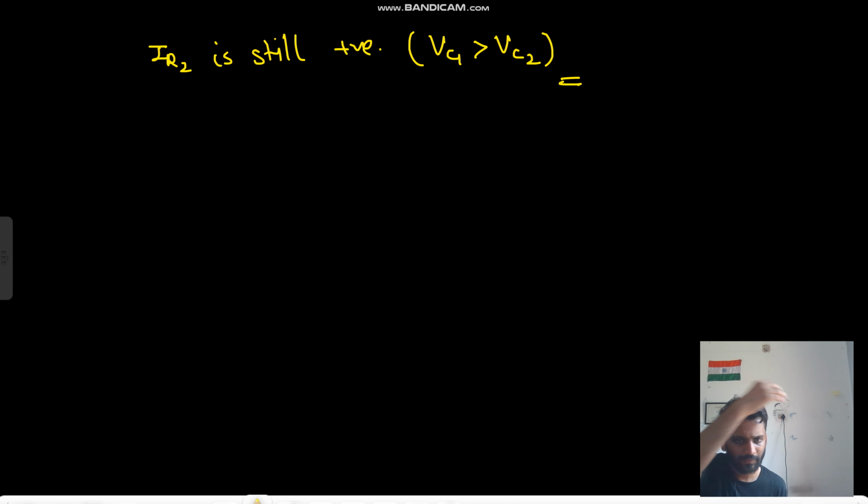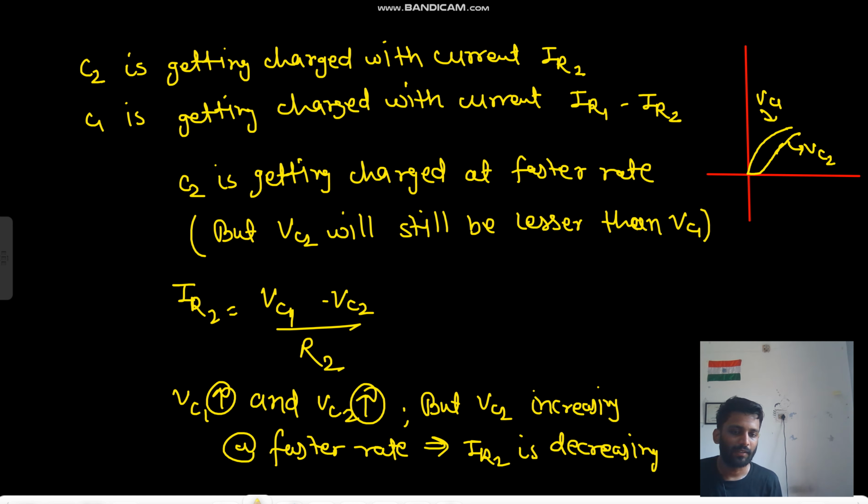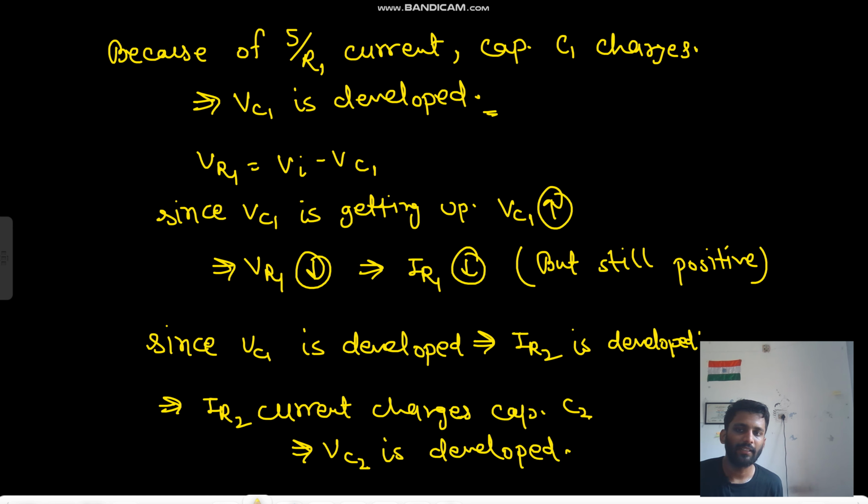Do you understand it? Look, what is happening here is that initially your IR2 current is 0 and IR1 current is Vin by R1. So that current charges capacitor C1, and because of that VC1 is developed. Now here we have Vin. So since VC1 is increasing and Vin is constant, that means your IR1 is decreasing.